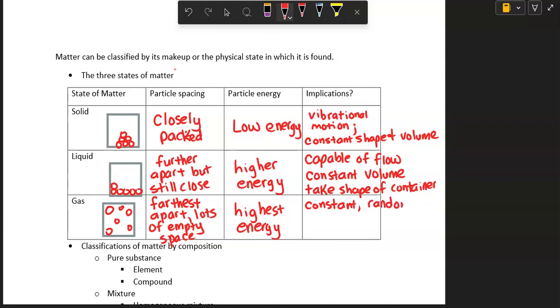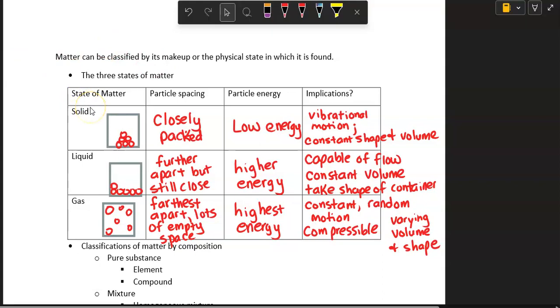It makes the gases become compressible, which means we can pressurize it and push the molecules back together to make it back into a liquid. And they have varying volume and shape. Okay. So again, that's most likely a review of things you've learned in the past.